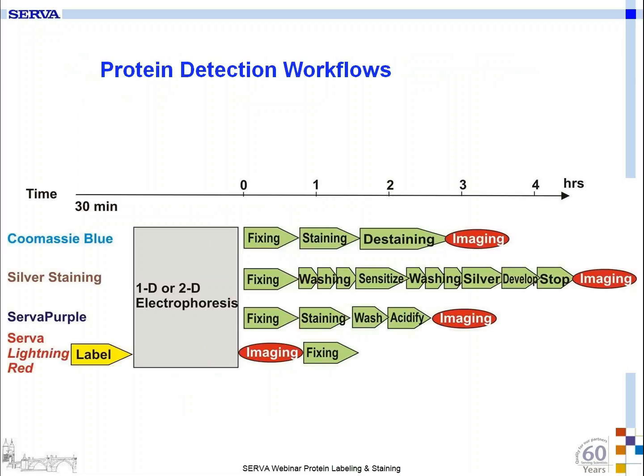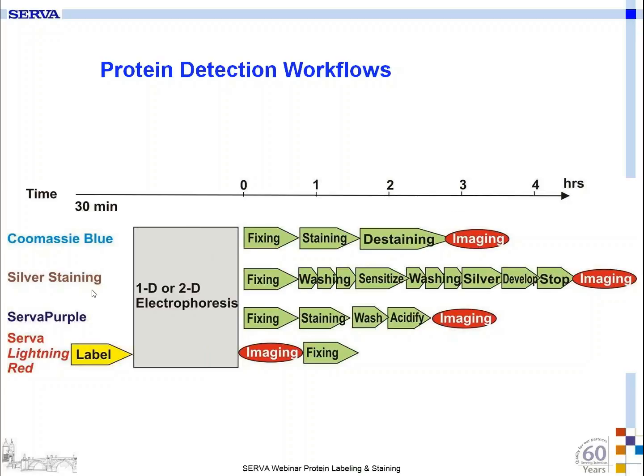And this is how it works. Normally you have Coomassie blue, silver staining, or even SERVA Purple. You do your electrophoresis, 1D or 2D, depending on your application. For example, with Coomassie blue, after fixing, staining and destaining, you get images after nearly 2.5 to 3 hours.